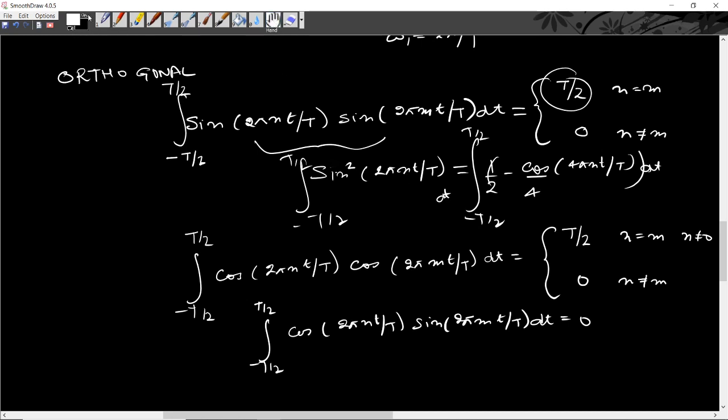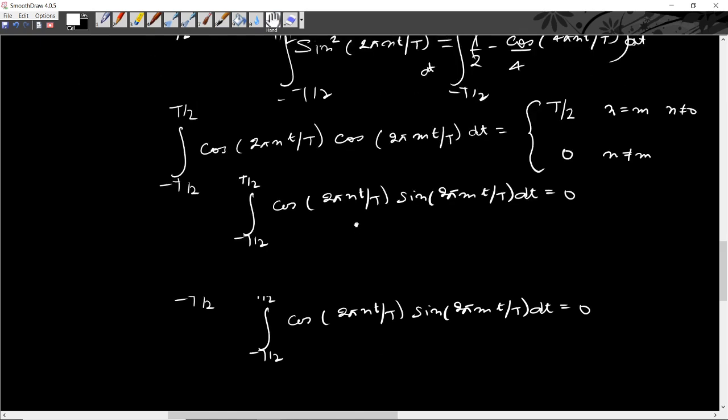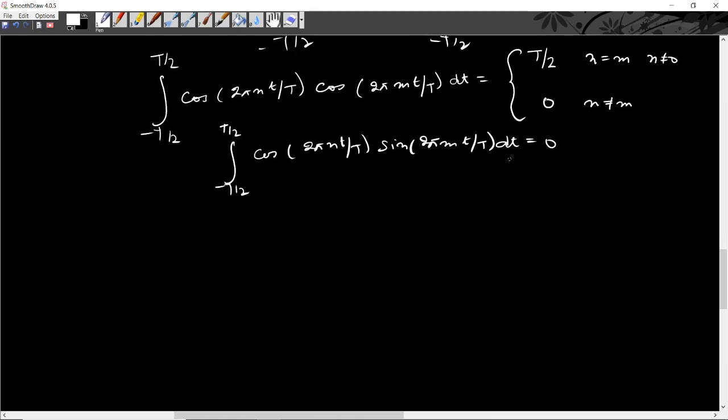And obviously, if I take any of these sine terms, or cosine terms, and perform an integration over one whole time period, then this is 0, and similarly for cosine also. So this is what we mean by the orthogonality of sines and cosines.